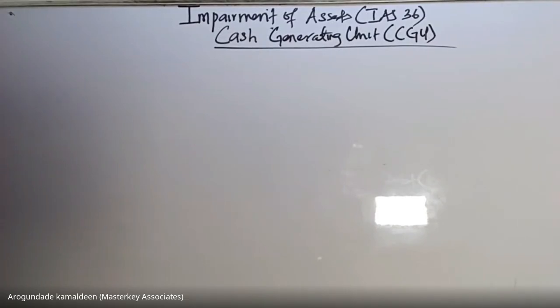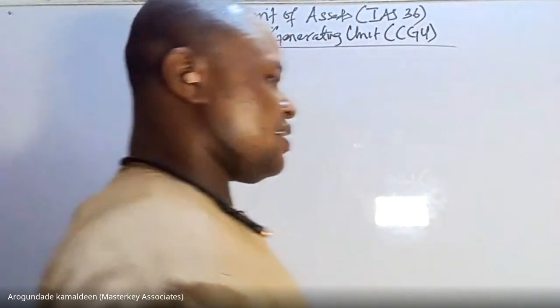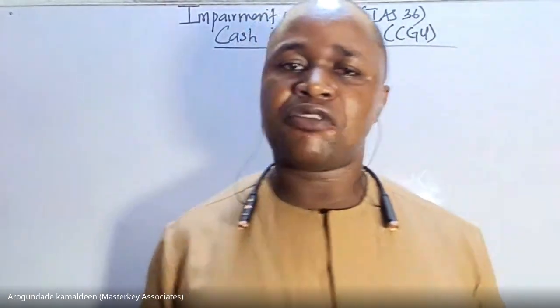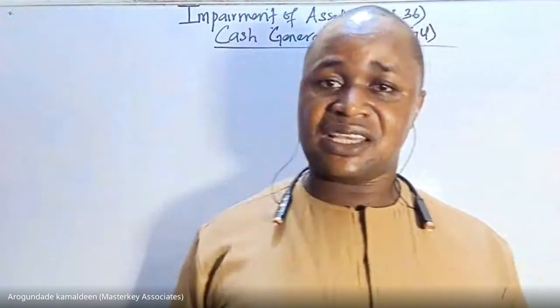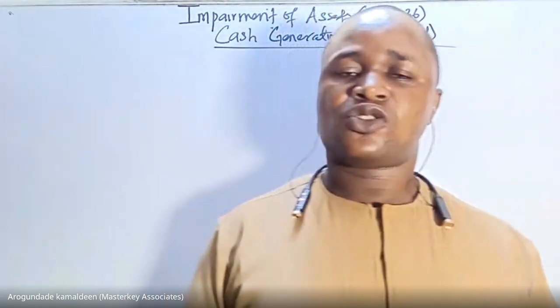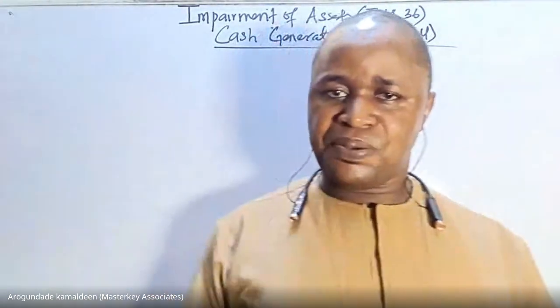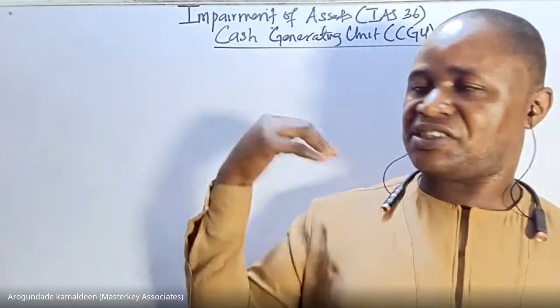I also said in that class that under IAS 36, impairment can be viewed from two perspectives. From a single asset, and two, from a group of assets. Please be with me now. We are going into this now.